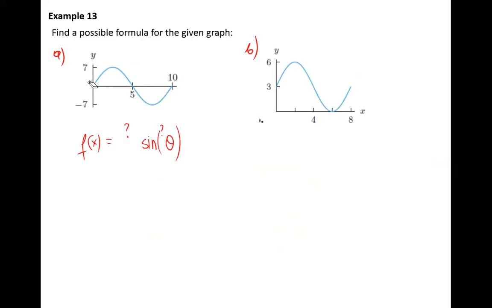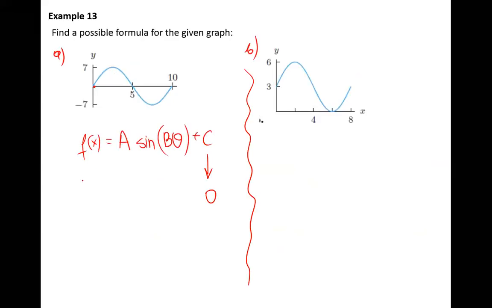You can see it's not shifted. That means I can write this, right? Sine B theta plus C. C is definitely 0. Okay, who can tell me an amplitude? Can you tell me an amplitude?